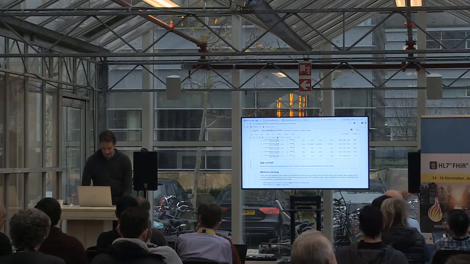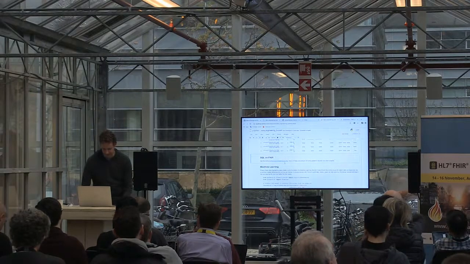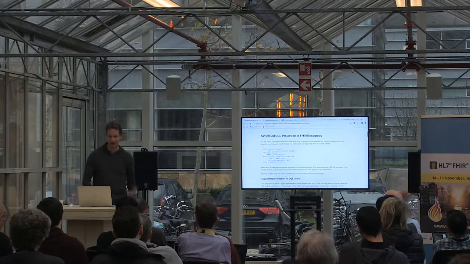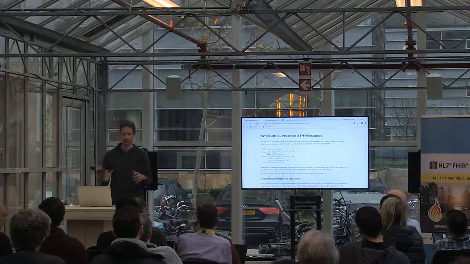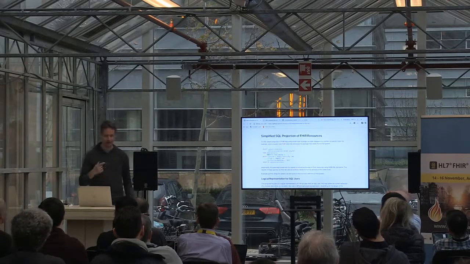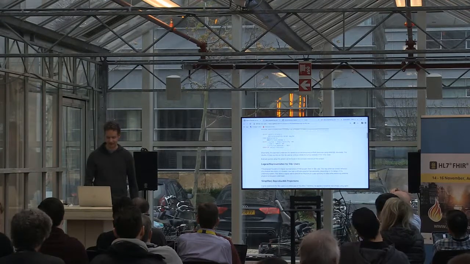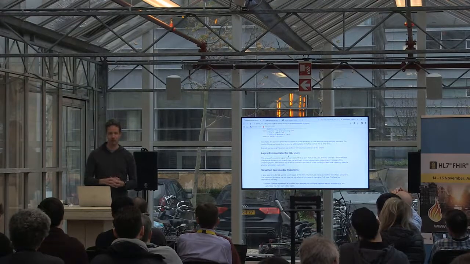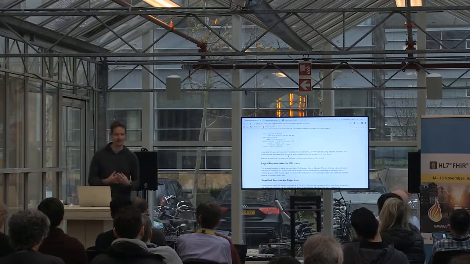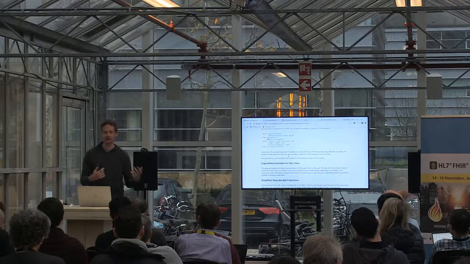And the one thing that I will reference here is that at the last Connectathon, a handful of us were in a group focused on SQL on FHIR, and we took a couple of passes at this, and we came up with a very early draft proposal for how we can natively represent FHIR resources using SQL.